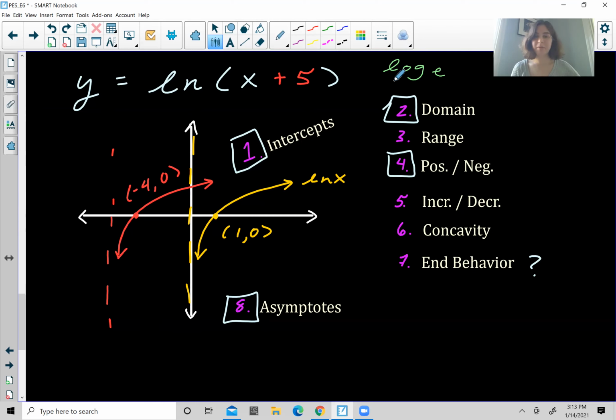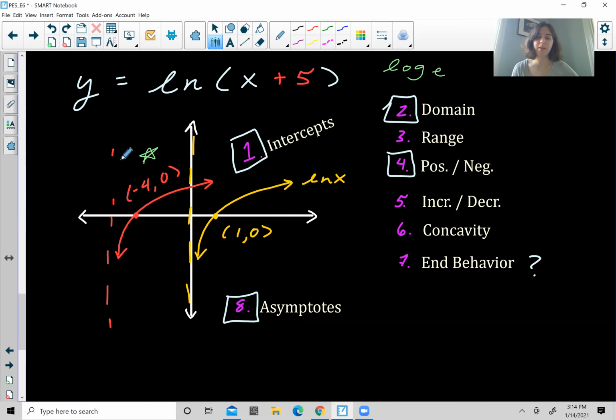And I'll explain that a little bit more in the applications video. But anyways, as always, I like to box in the numbers that end up changing with this transformation. So the intercept is definitely going to change because our (1, 0) is going to move left 5, and that's going to give us the (-4, 0).